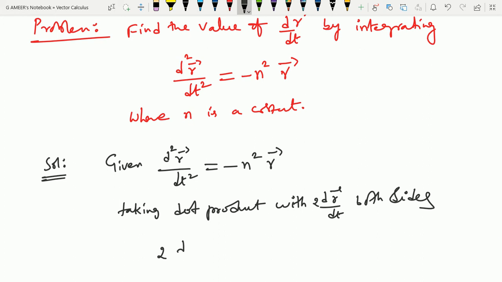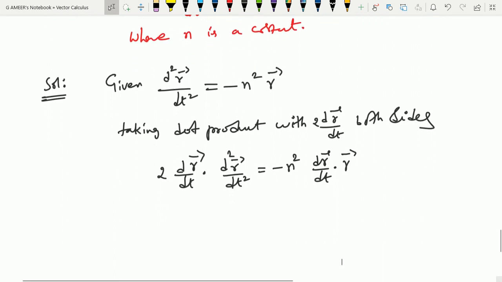Then what I'll get here? 2 times d by dt of r dot product with d square r by dt square is equal to minus n square into dr by dt dot product with r.